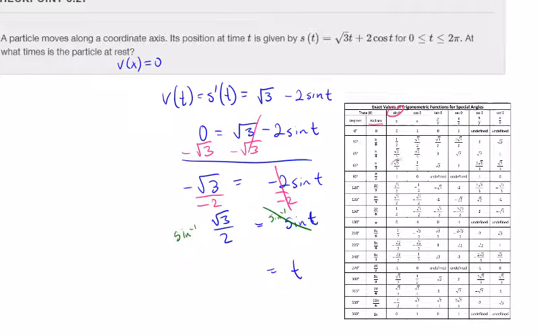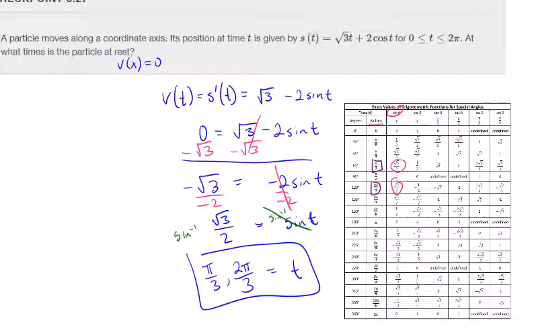Where does it equal root 3 over 2? Here and here, so that'll be pi over 3 and 2 pi over 3. Remember, there are infinite possibilities that give us root 3 over 2 for sine, but we're looking for the ones between 0 and 2 pi, including 0 and 2 pi.